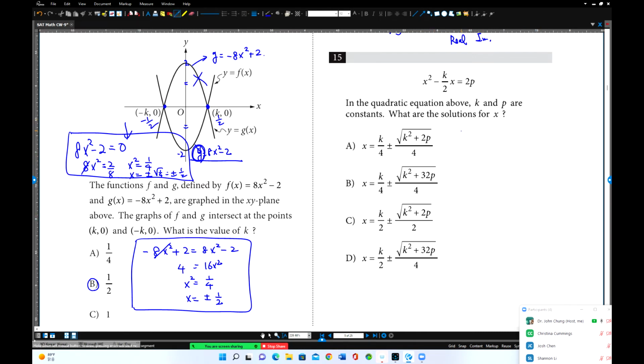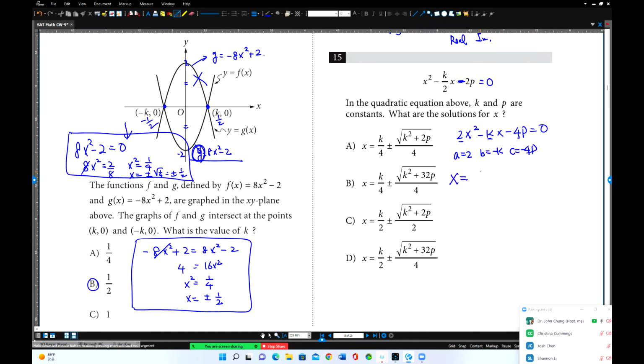Multiply both sides by 2: 2x squared, then move everything to one side so it equals 0. Quadratic always has everything on one side. So 2x squared minus kx minus 4p equals 0. We start from here. The coefficients are now all constants. Do not use the fractions. Now we apply a equals 2, b equals negative k, c equals negative 4p.